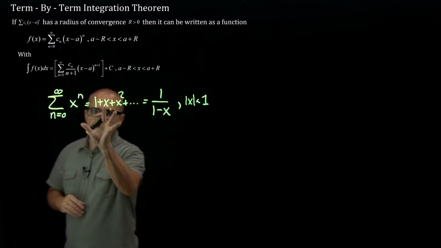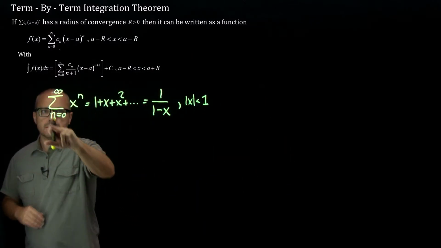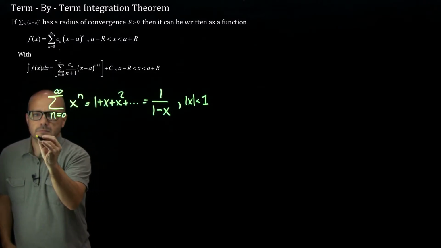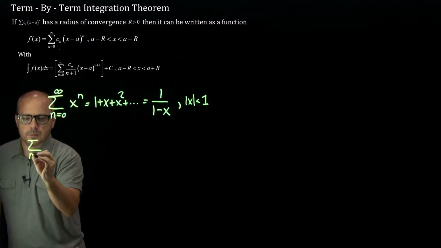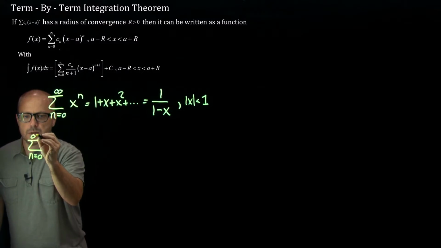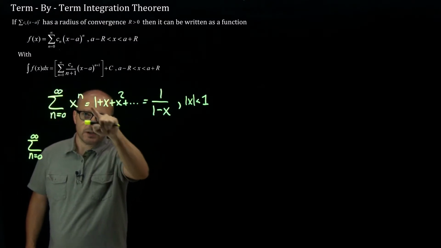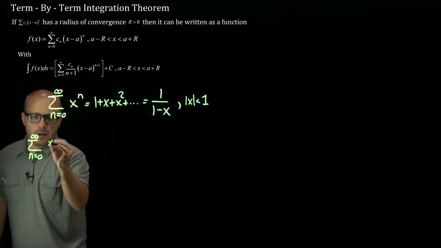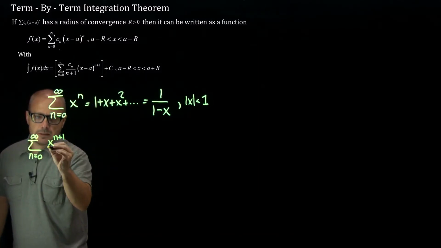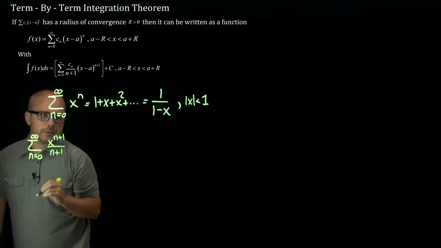So on this side, when I integrate this, what term by term says is you just integrate each one of these terms, anti-differentiate, or in general, the power would go up by 1, divide by the new power.